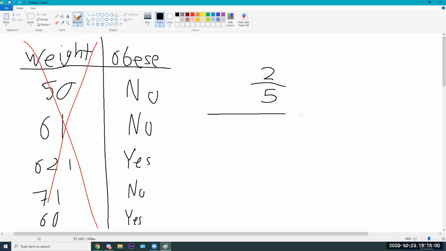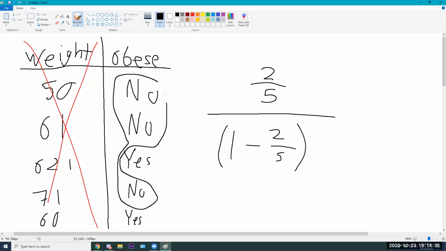If you have a probability within a binomial distribution, 2 out of 5, that means you know what the other probability is: the probability that the mouse is not obese is simply 1 minus your probability. This gives 3 over 5.